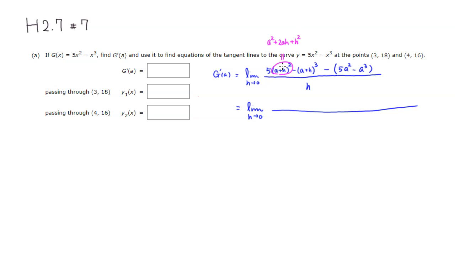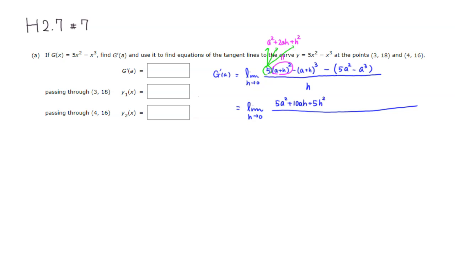Then you have to distribute 5 to everyone. So what we get is 5a squared plus 10ah plus 5h squared.